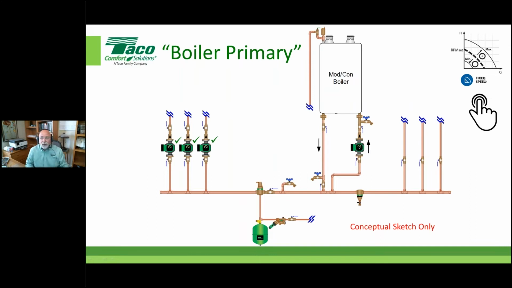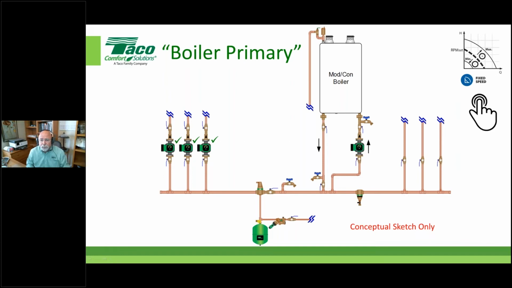Let's keep on with fixed speed. You'll see there's a whole bunch of applications that still make sense for fixed speed. As you can see, I got zone bumping here. But what about this circulator? I'll call it the boiler primary. Some people like to drop the name primary. I'm good with it as long as we're all on the same page, right?